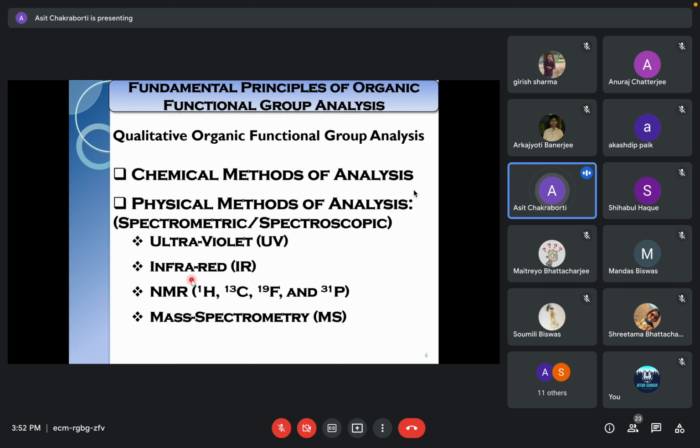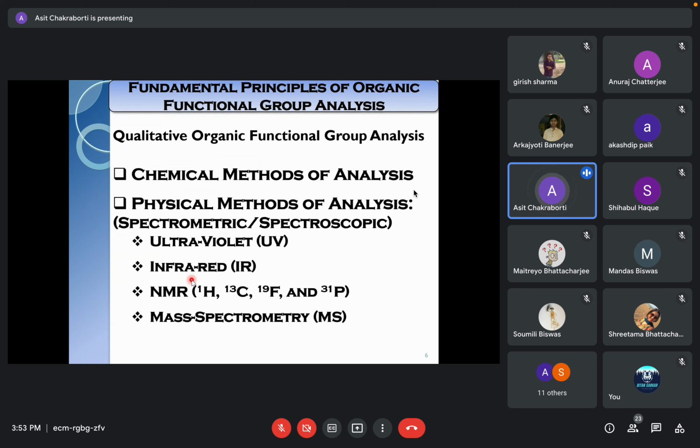But apart from qualitative information, only one of these techniques provides quantitative information, meaning how much amount of the compound is present. Estimation. UV, right? And what is the reason behind that?